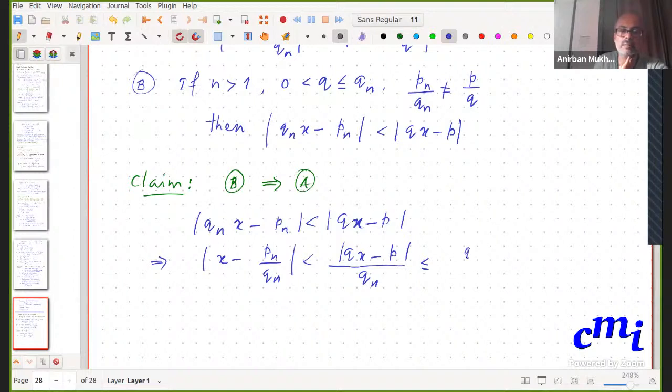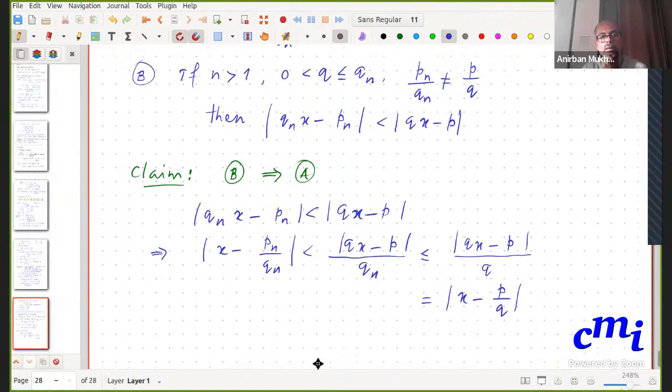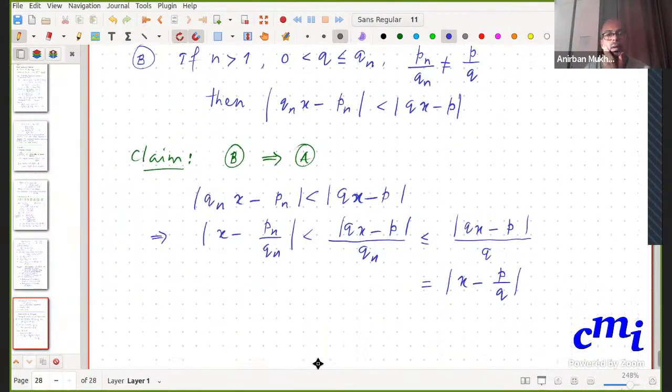So |qx minus p| by qn is at most |qx minus p| by q, and that is exactly |x minus p by q|. So proving the claim. So it's enough to prove statement B.